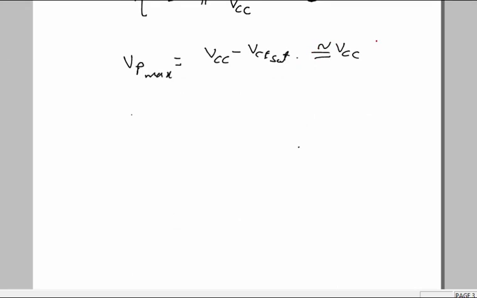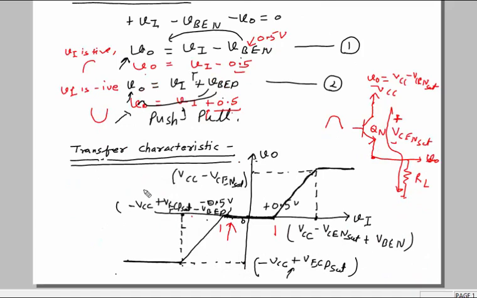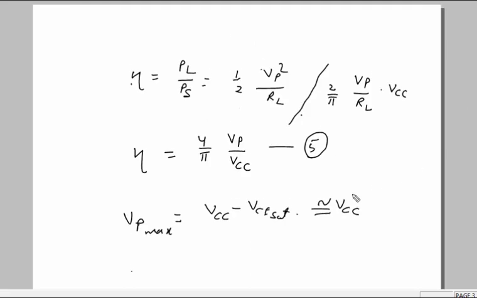If we ignore the effect of VCE, which is usually 0.2 or 0.3 volt but ideally should be 0, then Vp max equals VCC. Now we put this in equation number 5 to get the maximum efficiency. So eta max will be, oh sorry, this is not 4 by pi, this is pi by 4.